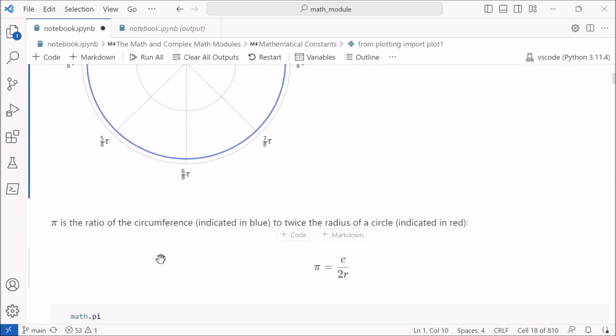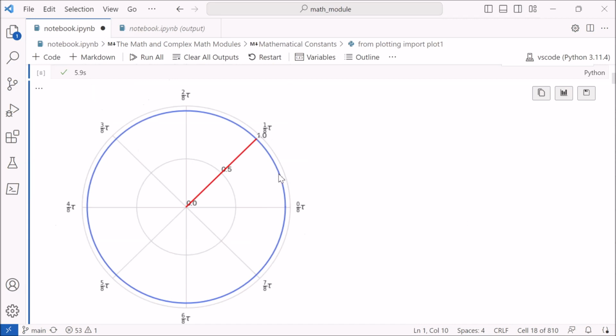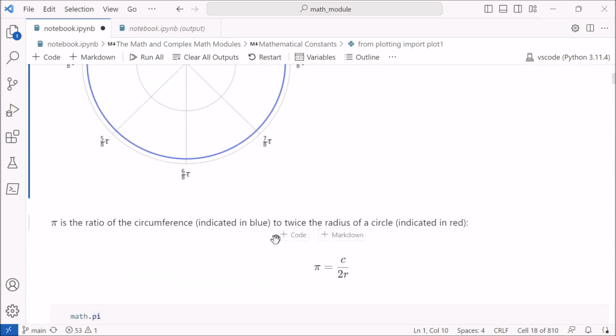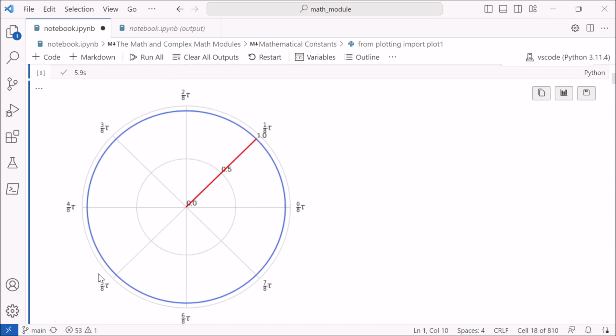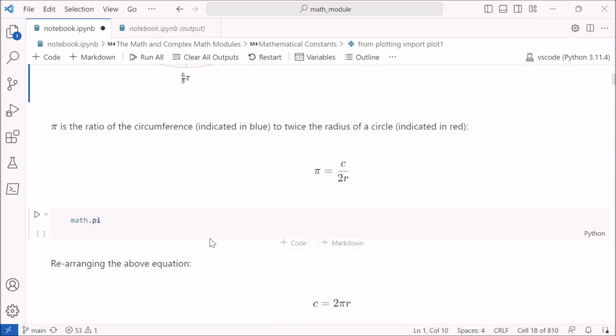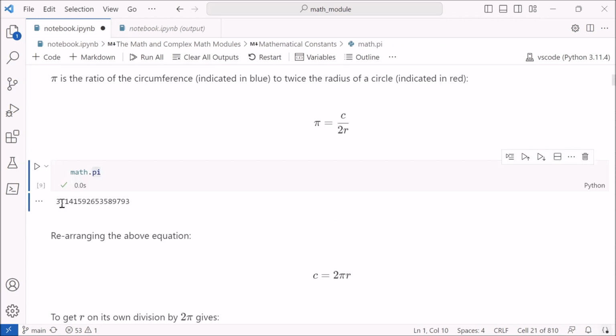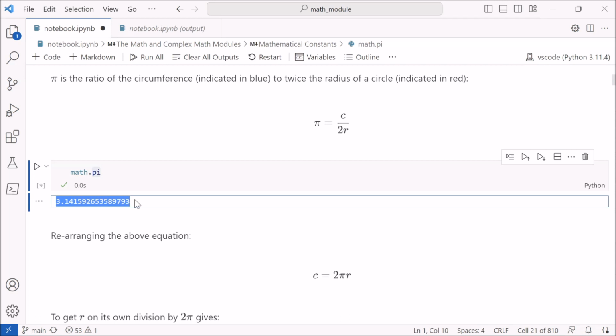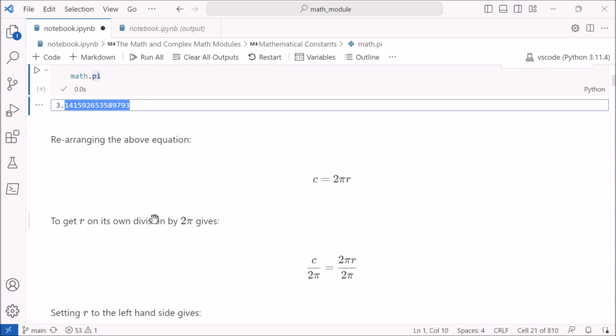Pi is the ratio of the circumference to twice the radius, which is actually the diameter. We can access this as a constant, and it's a floating point number that basically continues on forever, and this is it stored to the limited float precision.